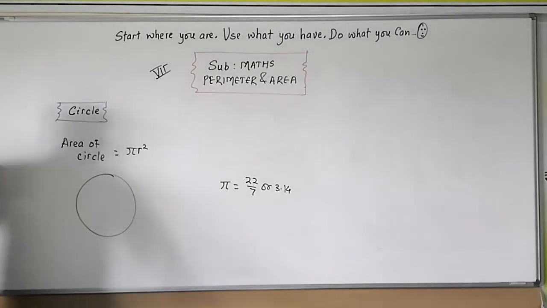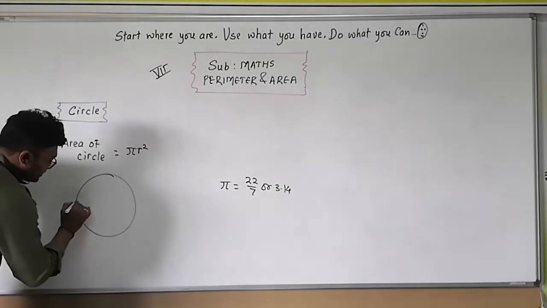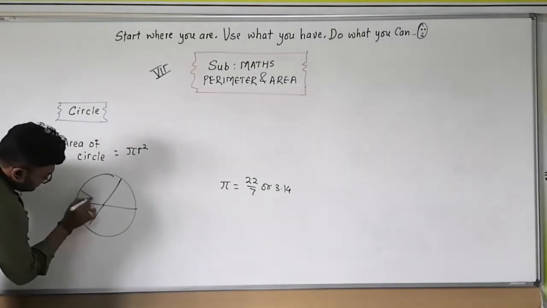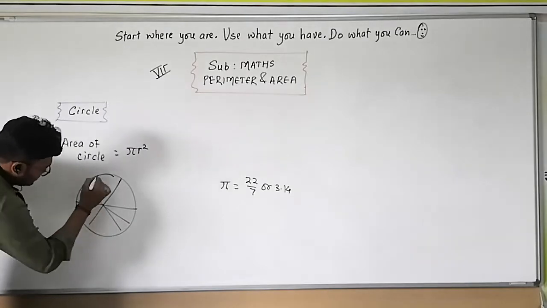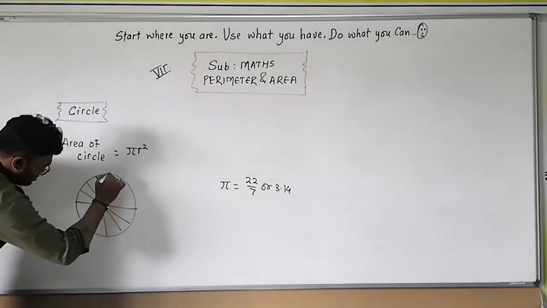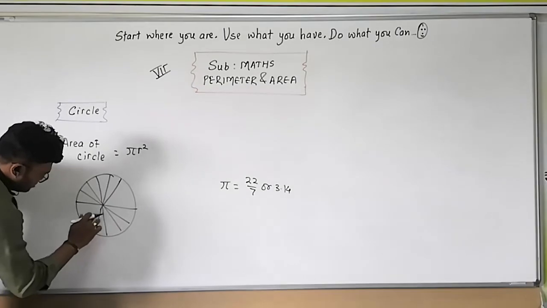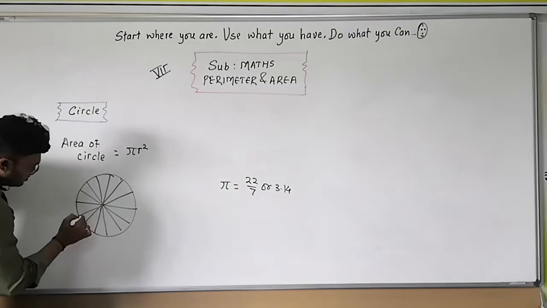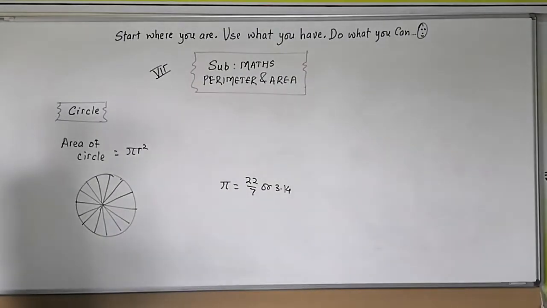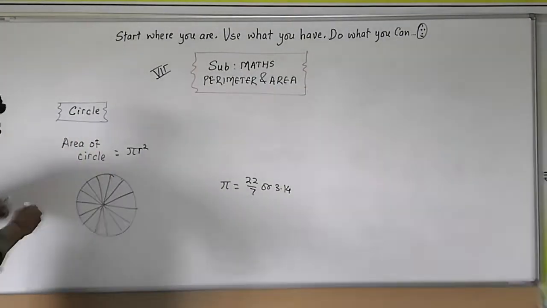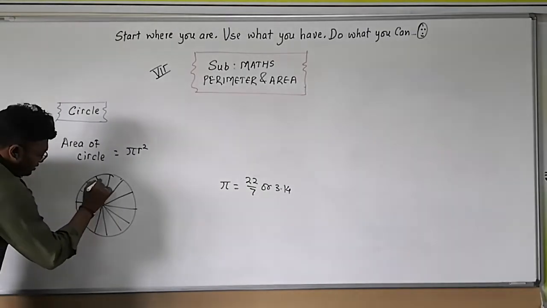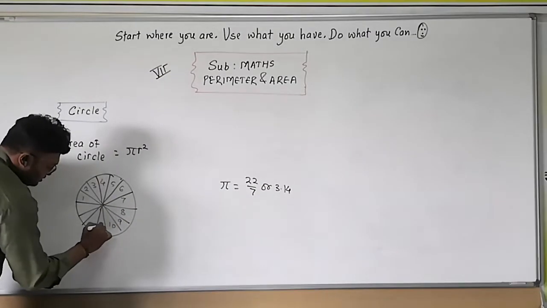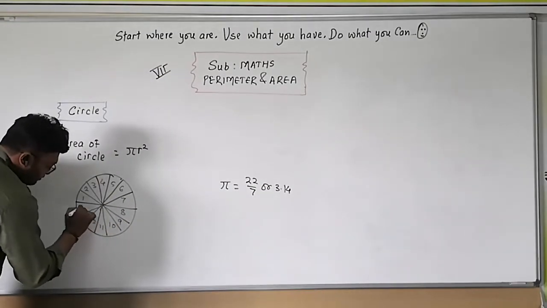Let us say I have this circle, and I cut this circle into a few parts. Let us say these are all equal parts, and I give them numbers 1, 2, 3, up to 14.